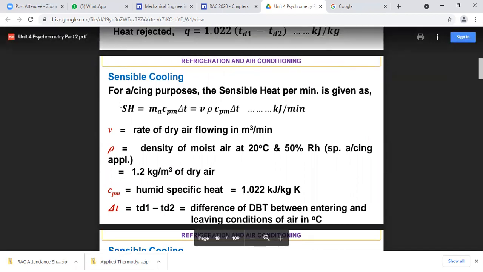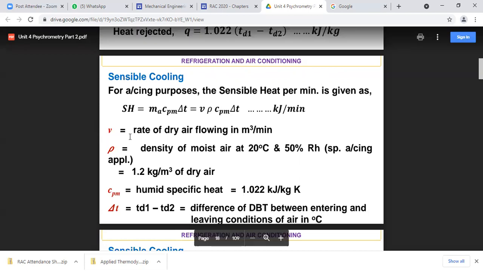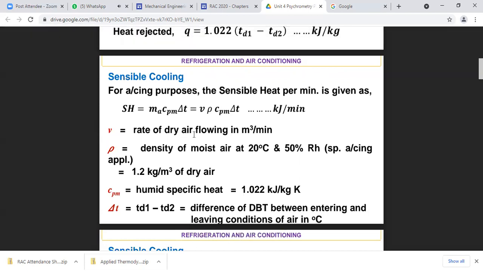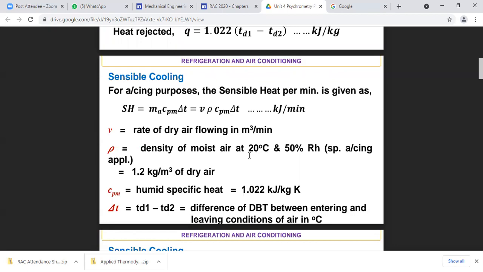Now the sensible heat is m_a into C_pm into delta T. So we can write the mass as V into rho, into C_pm into delta T, where V is the volume flow rate of dry air in meter cube per second, and rho is the density of moist air at 20 degrees Celsius and 50 percent relative humidity.